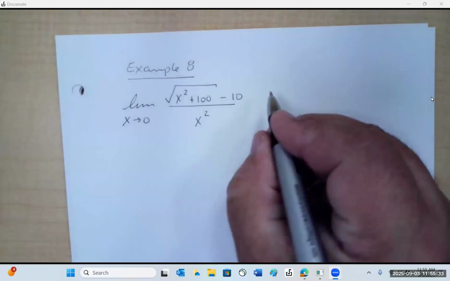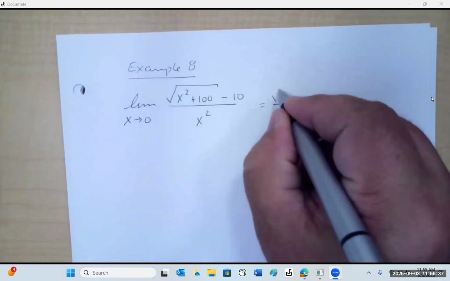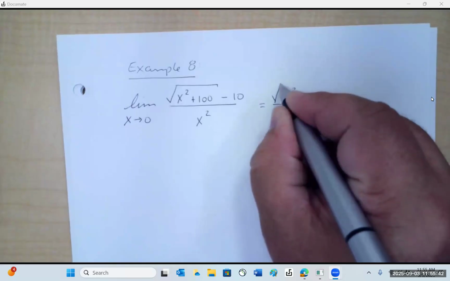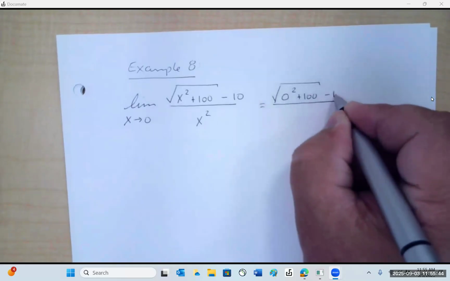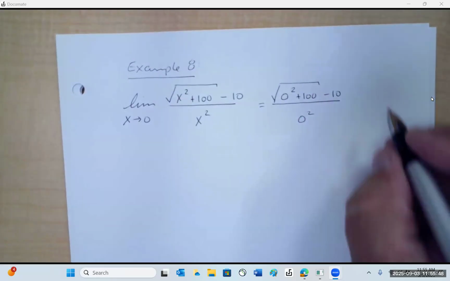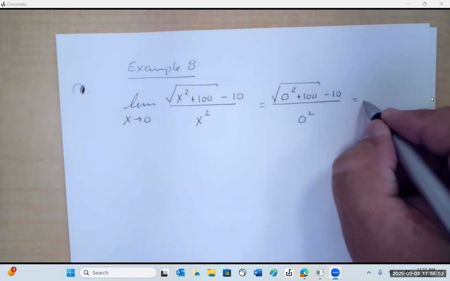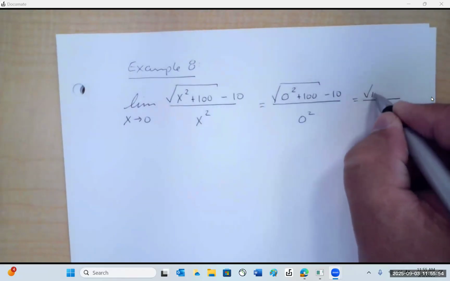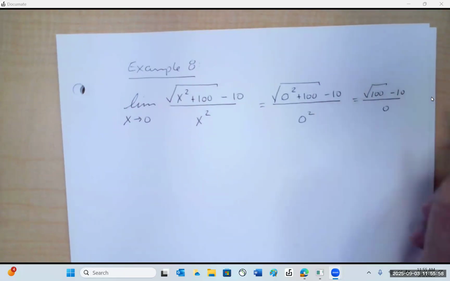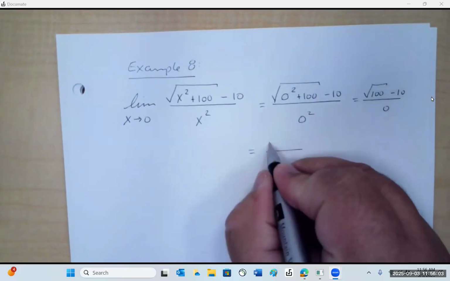Again, the first thing you would do is plug in 0. So we have 0 squared plus 100, minus 10 over 0 squared. 0 squared is 0, so we have the square root of 100 minus 10 over 0. Square root of 100 is 10.